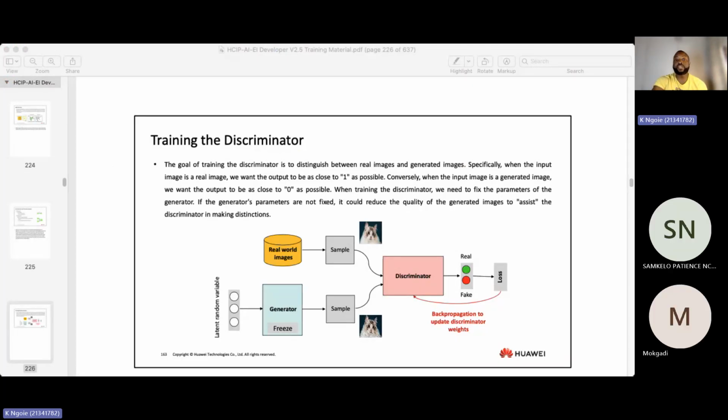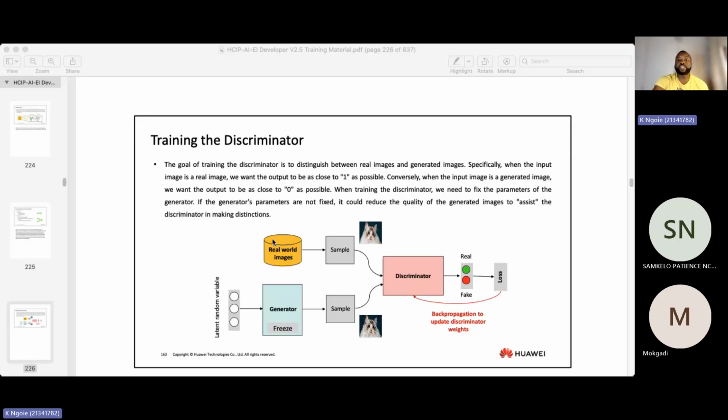So when you're training the discriminator, the first step is to train on real data. We take a batch of real images from the dataset, feed them into the discriminator, and label them as real, because these are real-world images. You label them as real to tell the discriminator that this data is real.